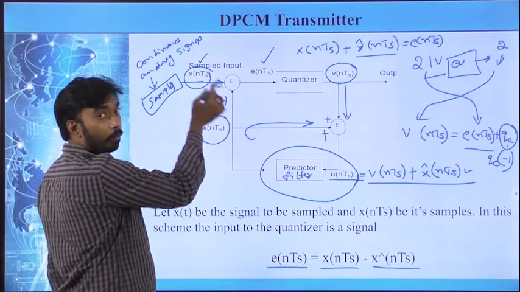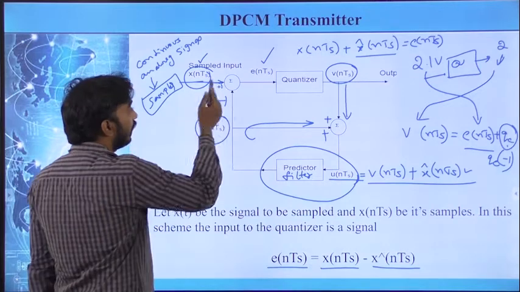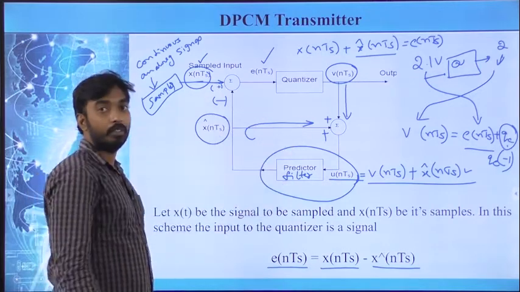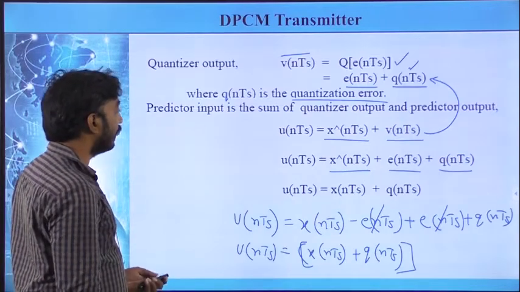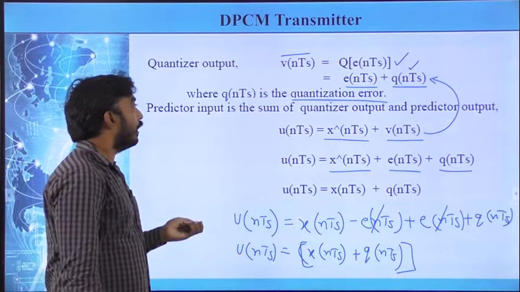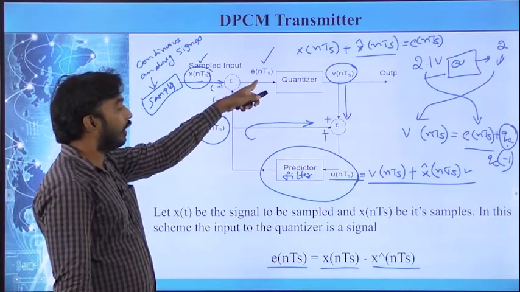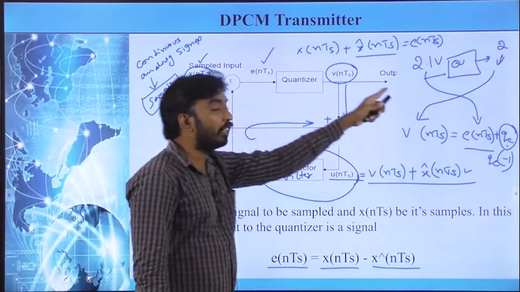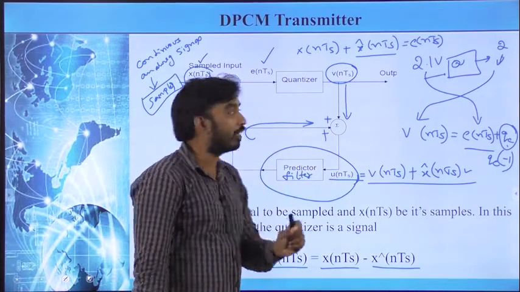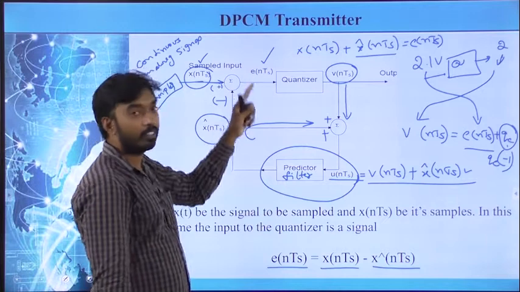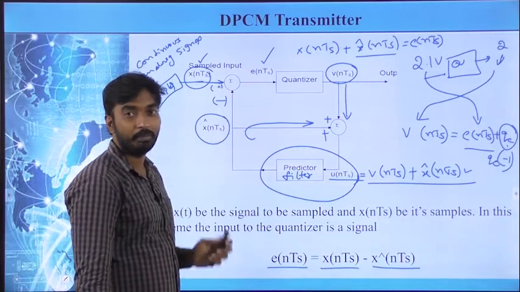The future sample will be subtracted from the present sample, and the result will be quantized. And then if I quantize the error and give it to the encoder, it will always assign a smaller number of bits. That means the E of nTs magnitude is less.